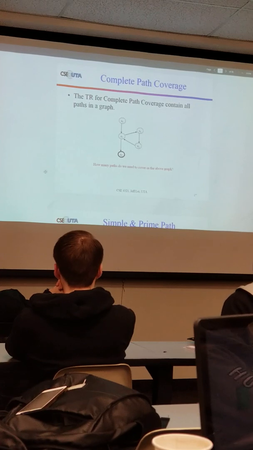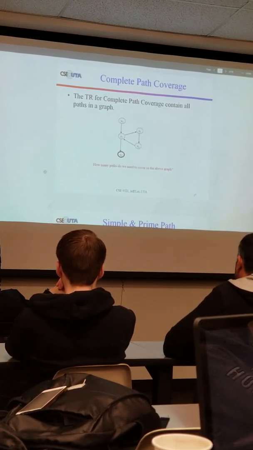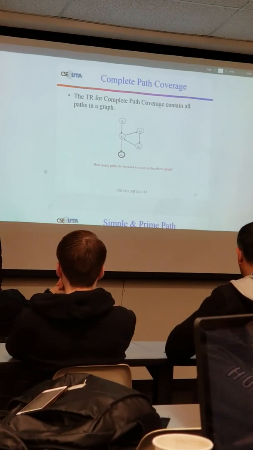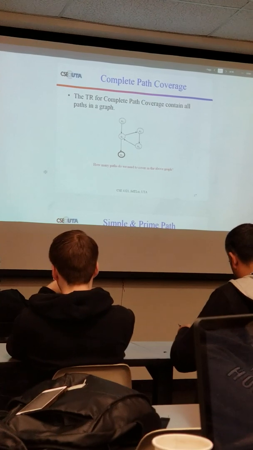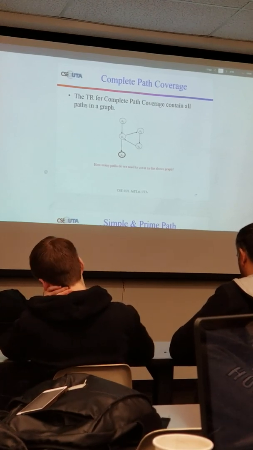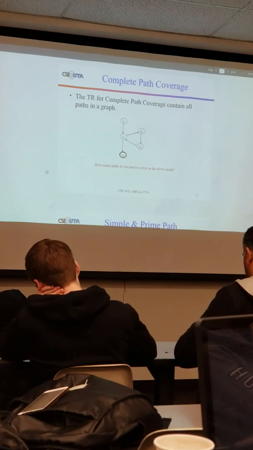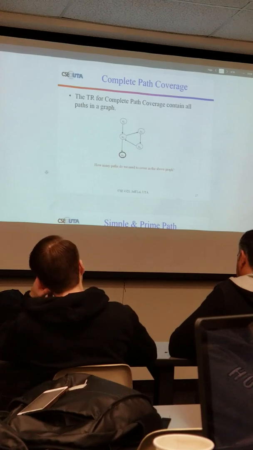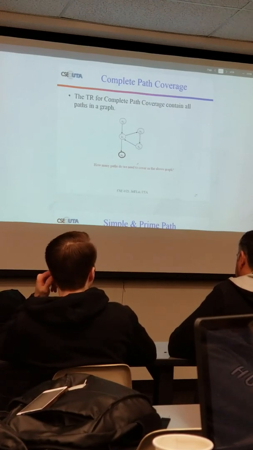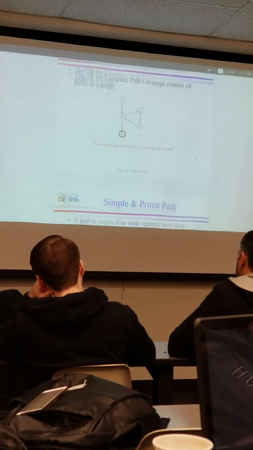We're going to generate a finite number of test requirements, and we're going to preserve the fault detection to a significant extent. That's the basic idea, and we're going to discuss the details.